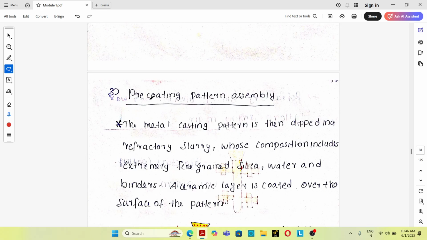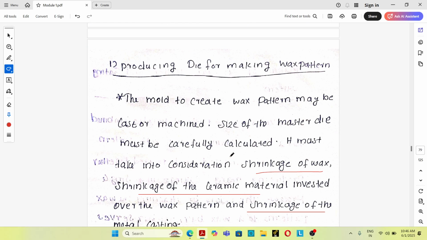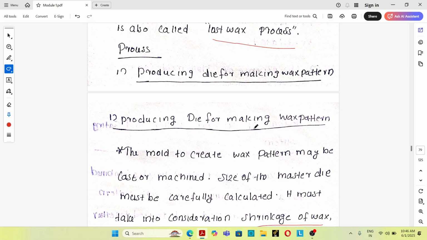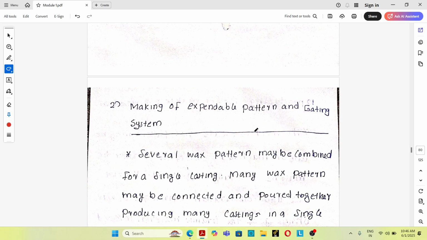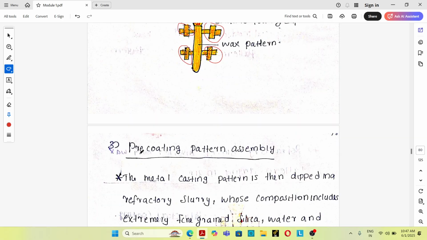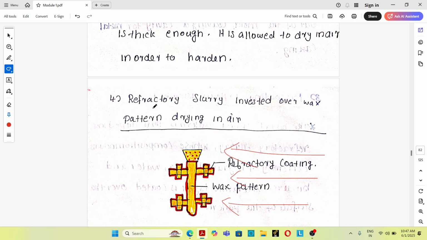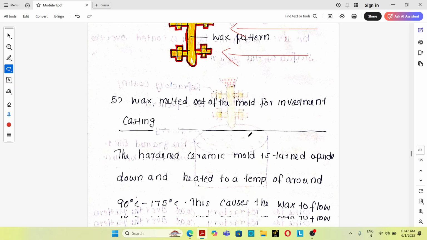First step is producing a die for making the wax pattern. Second step, making of expendable pattern and gating system. Third step, pre-coating pattern assembly. Fourth step, refractory slurry invested over the wax pattern and drying in air.